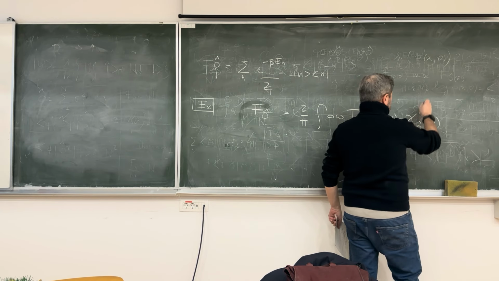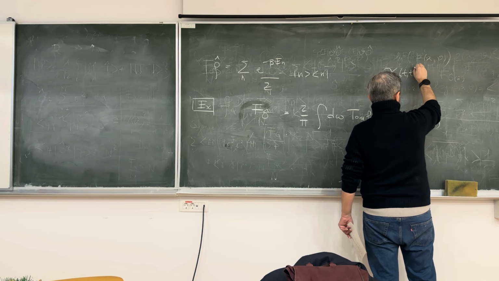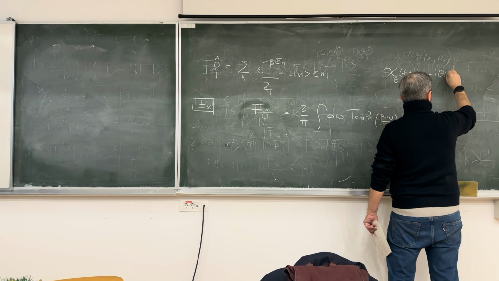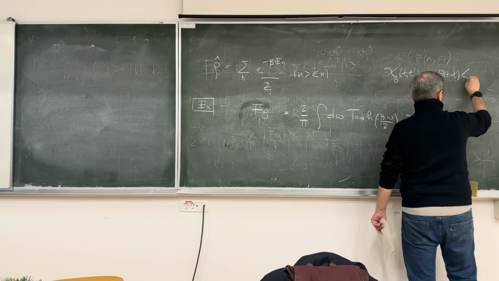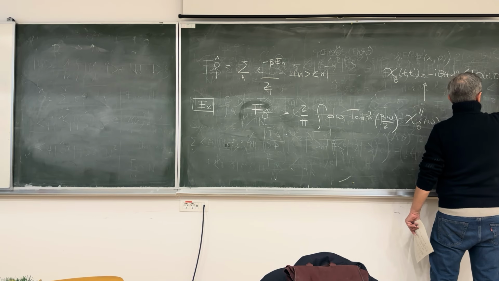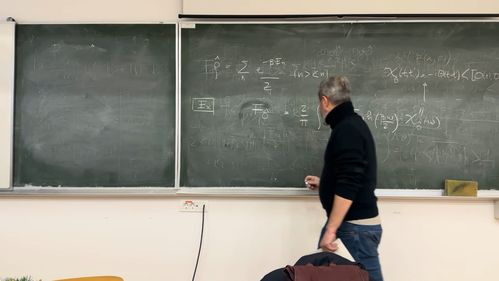So let me remind you, for those who were not here, this response function is minus i theta of t times the commutator of O(t) and O(0).